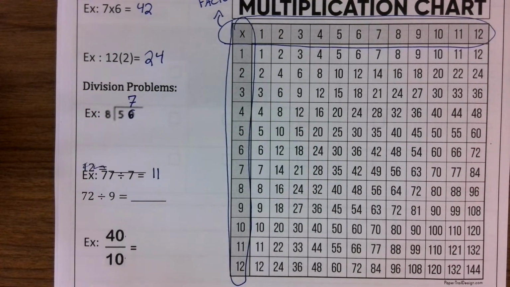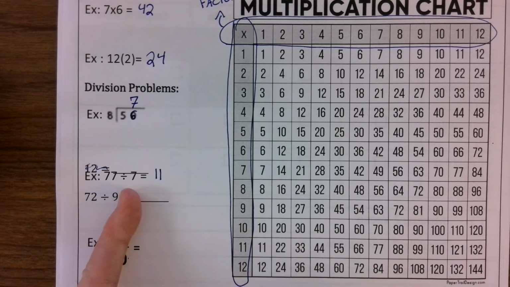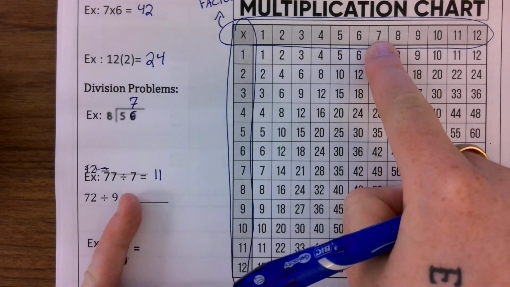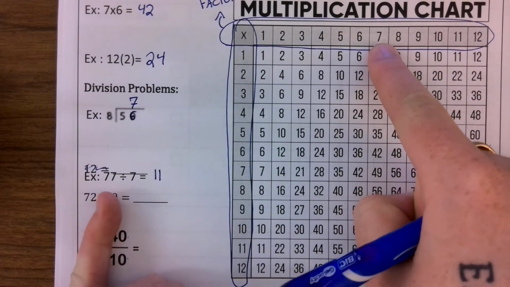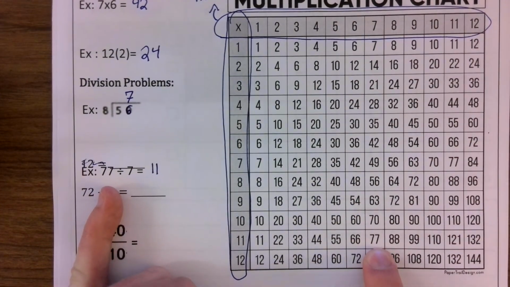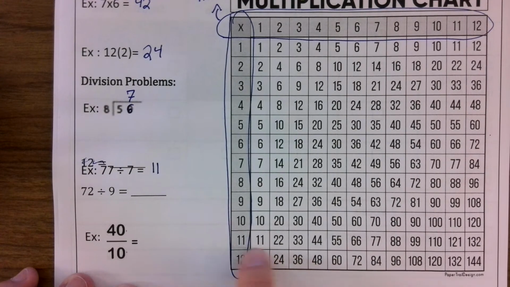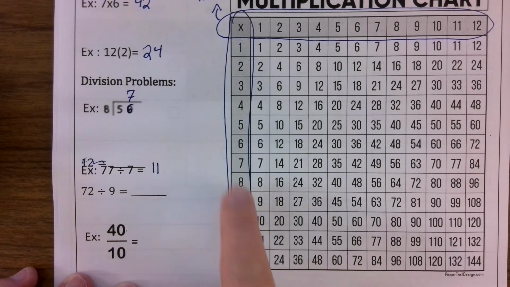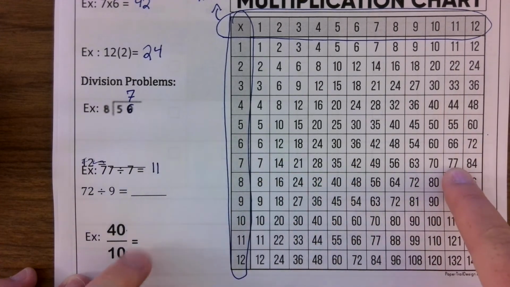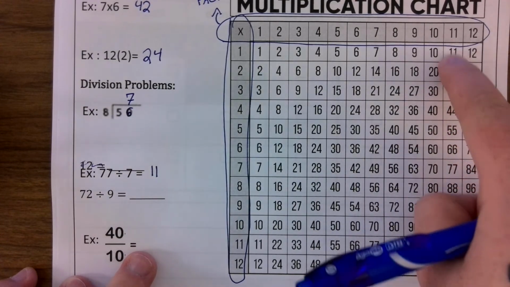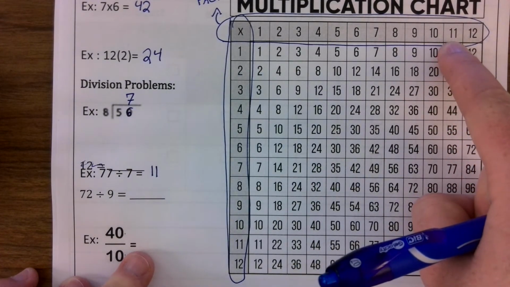So even with division, if you know one of your factors, 7, and you know what number you're looking for, the bigger number, 77, notice we went down, so to find our answer, we're going to have to go across. I could have gone across to 77, and then we'd have to go up to find 11, but either way works.